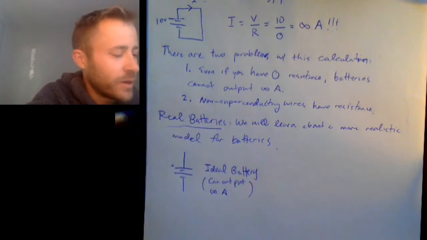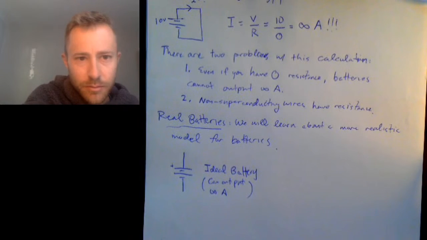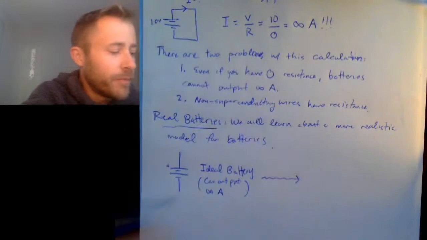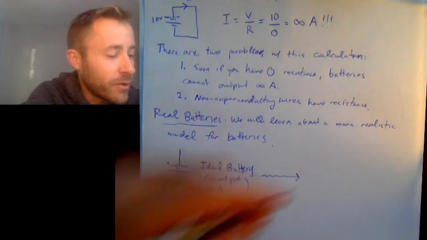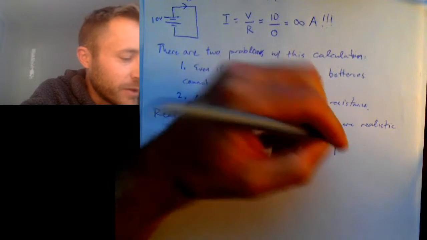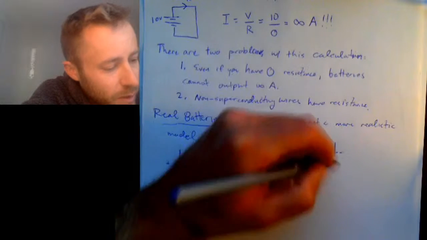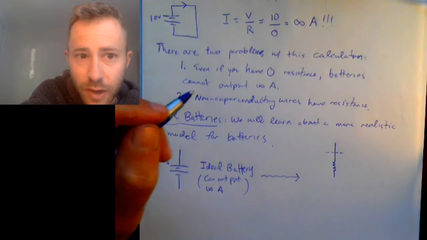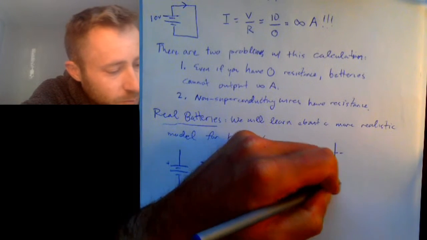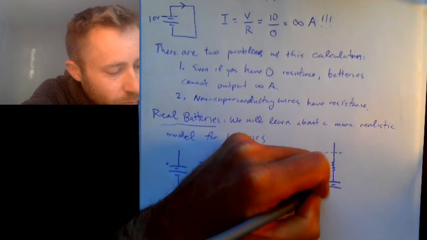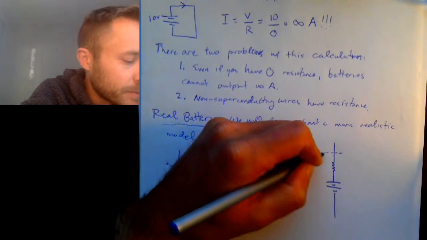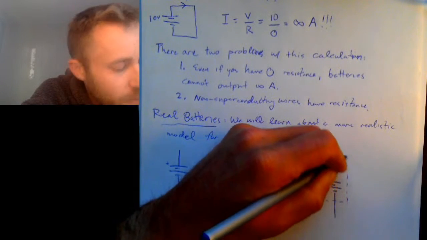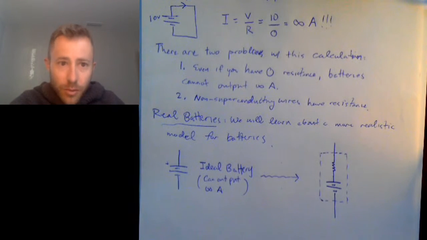Okay, so an ideal battery can output infinity amps, but if you have a real battery, the model of a real battery is different. Okay, so a real battery actually behaves like it has a resistor inside it. Okay, so that's how a real battery behaves.